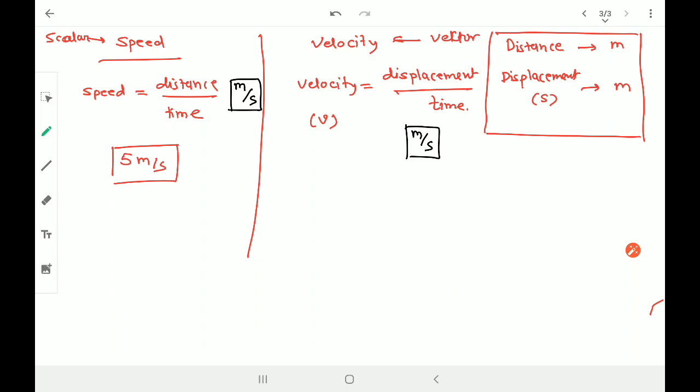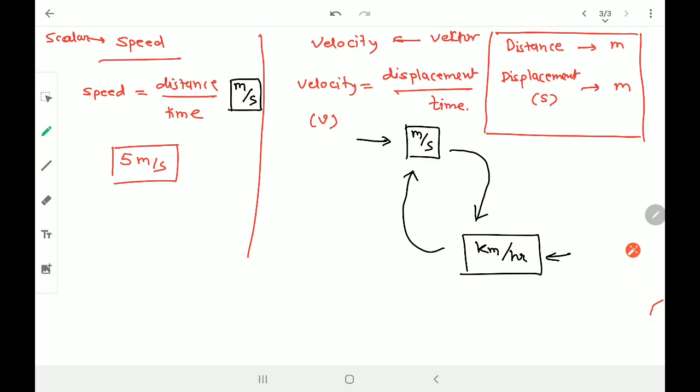That's the reason we normally use another unit for speed or velocity, kilometer per hour. One needs to know how to convert kilometer per hour to meter per second and meter per second to kilometer per hour. We will discuss this in a later part, because practically we use this, and the standard SI unit is meter per second.